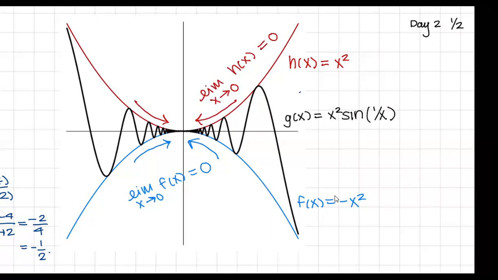So the squeeze theorem tells me, well, f of x is always less than g of x, g of x is always less than h of x, and I've got the limit as x approaches 0 of f of x is equal to the limit as x approaches 0 of h of x. So the limit as x approaches 0 of g of x must also equal 0 by the squeeze theorem.